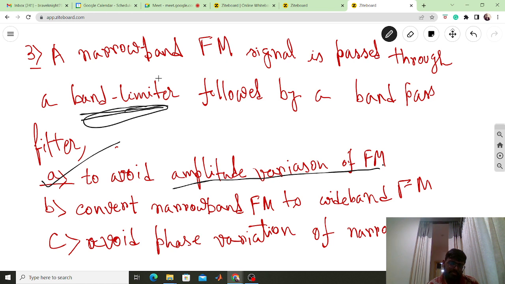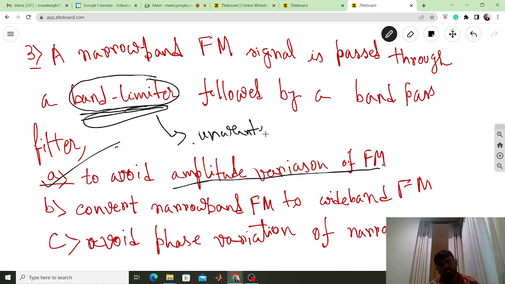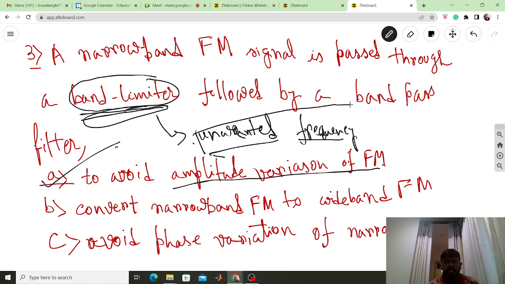If we use this band limiter, there are some unwanted frequencies and the contribution of these unwanted frequencies just gets avoided.